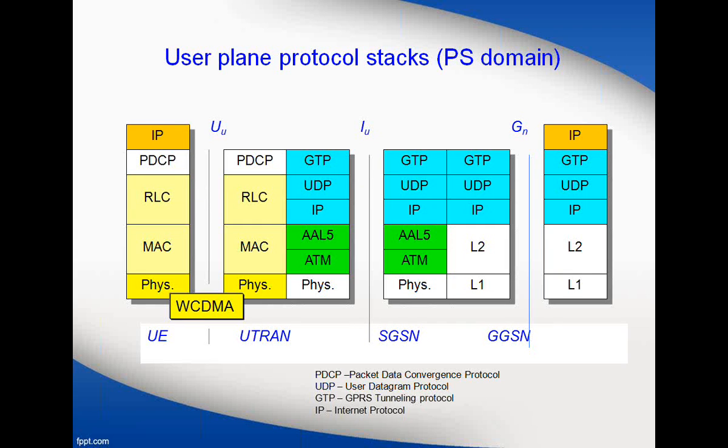And when you talk about the PS domain, we are going to have a new component, which is the PDCP. This PDCP, as we mentioned before, is the Packet Data Convergence Protocol that does the basic activities of a GERAN or a UTRAN by accessing the GGSN or SGSN of a normal GSM network.